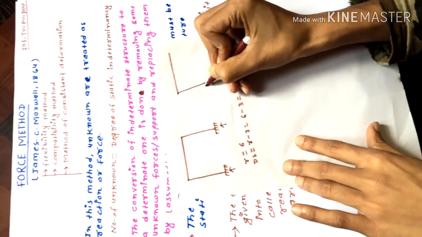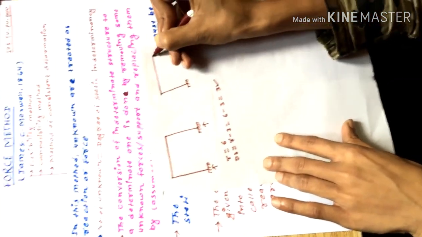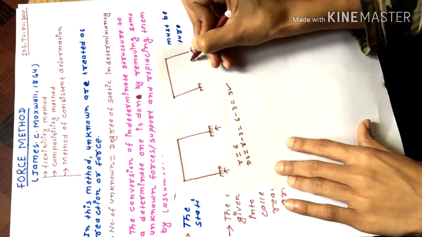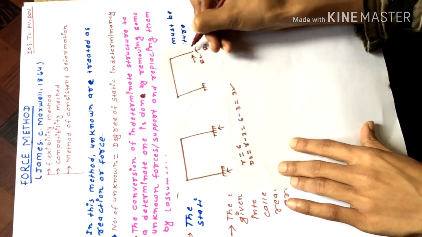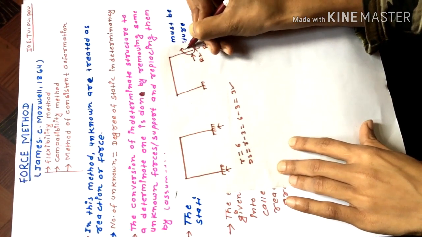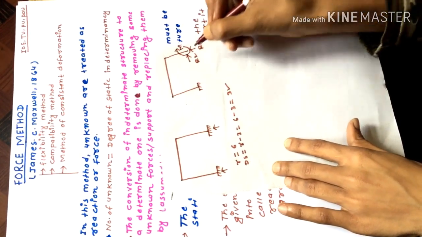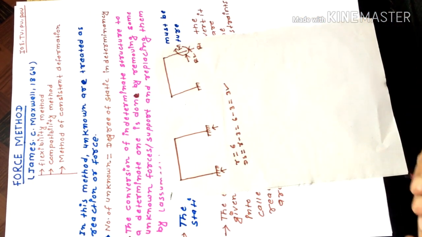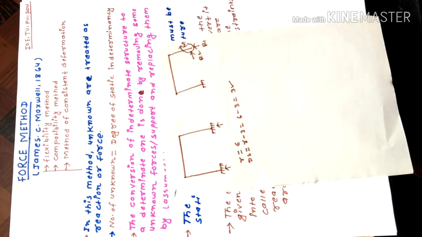So let me clarify, in this frame we have R1, R2 and one moment M. There are 3 unknowns. According to the force method, the number of unknowns is equal to the degree of static indeterminacy.